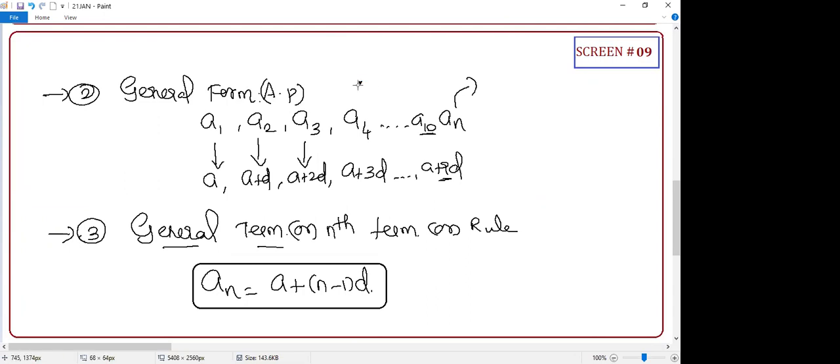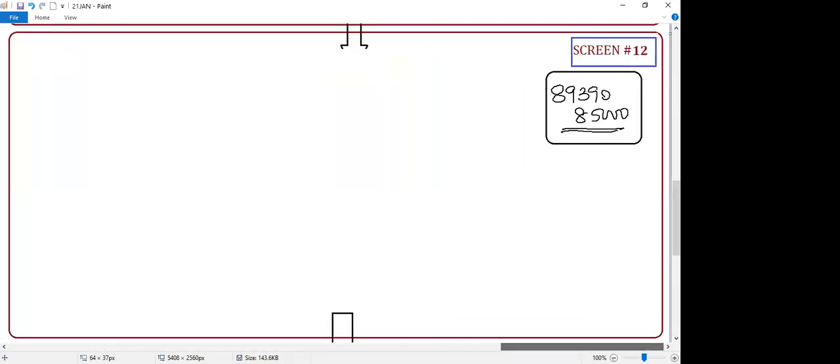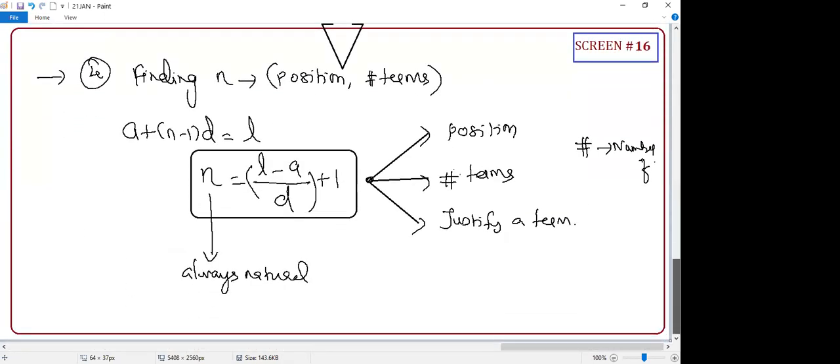I thought it would be over, but we have a few more formulas I wanted to teach you guys. Whatever formula I teach you is a golden formula, students. It will help you a lot in your exam.